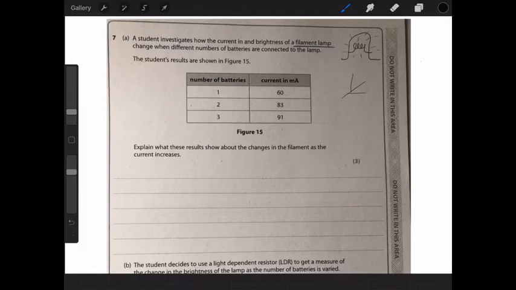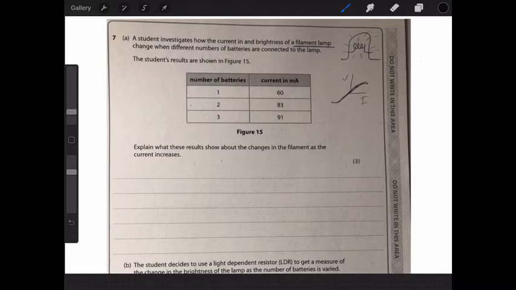There are even more collisions between the electrons and the ions of the lattice, and so the resistance goes up. So when we look at the current voltage relationship, we don't see a straight line, we see that S shape when we think about filament lamps, because you haven't got a fixed resistance. It's not obeying Ohm's law.